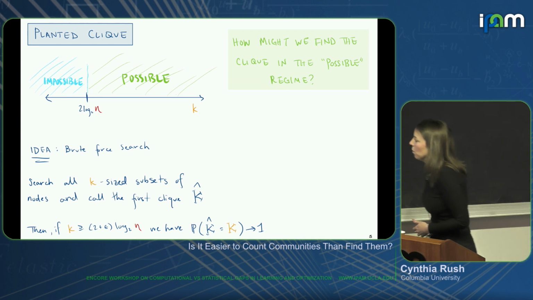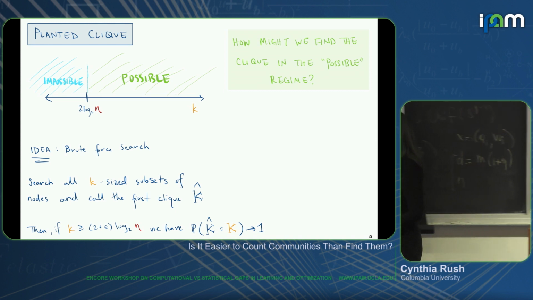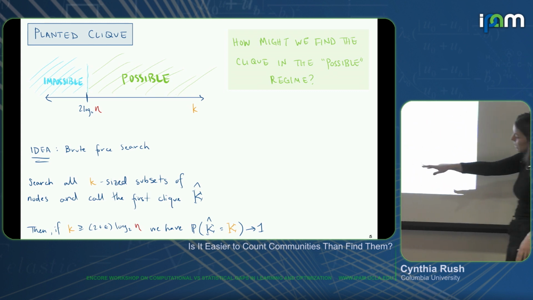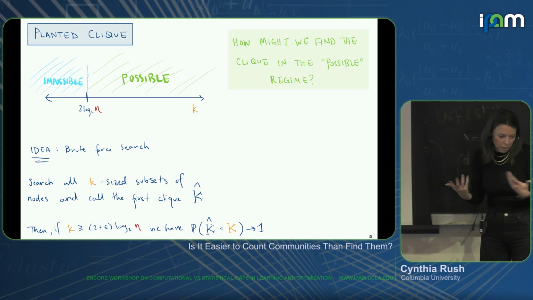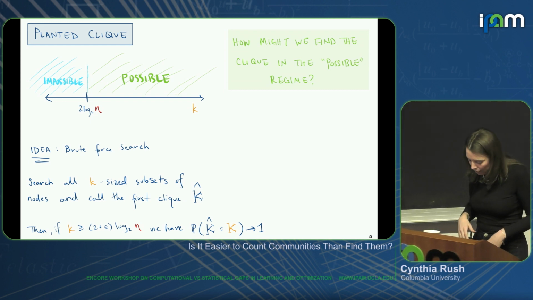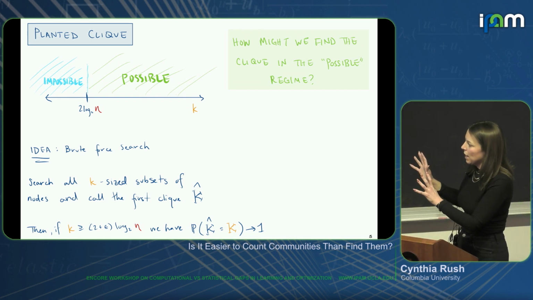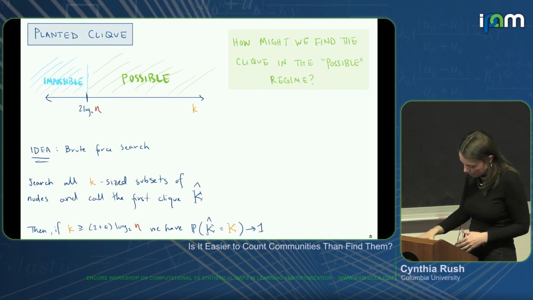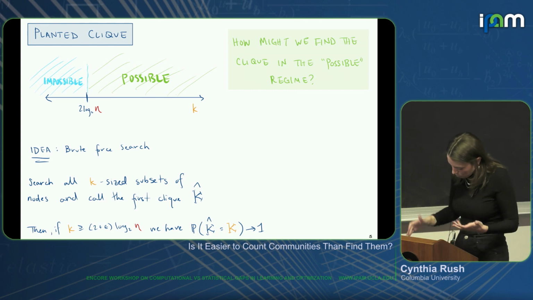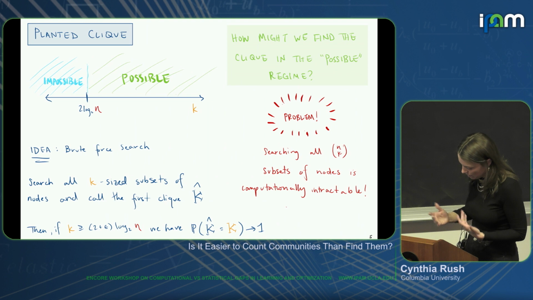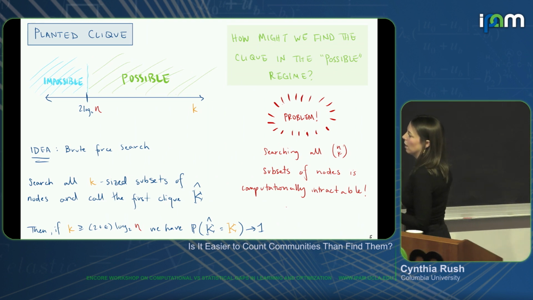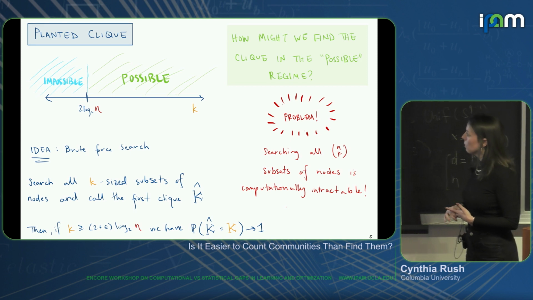If k is a little bit bigger than 2 log n, the size of the random clique, then we'll be able to find it with this brute force search. So the stupidest thing you can think of will work with probability tending to 1 when the problem size gets large, as long as our planted structure is large enough.